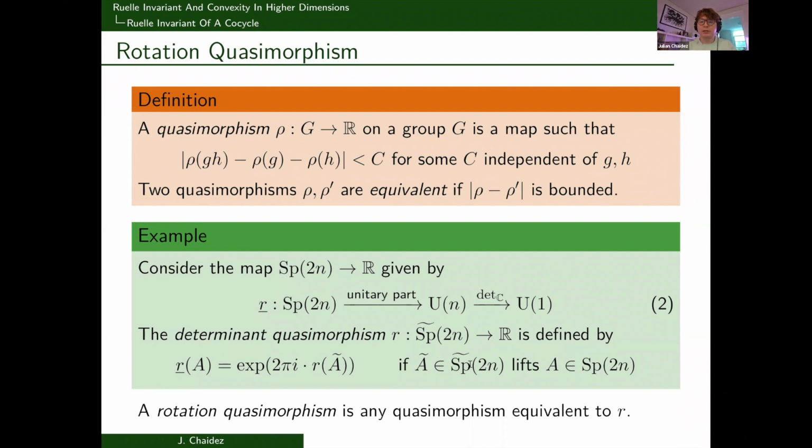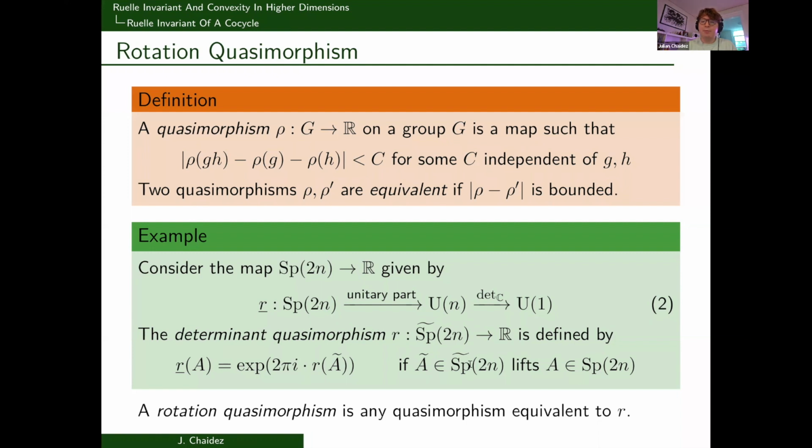So first, I'll give an example. You can construct a map from the symplectic group to U(1), given by first taking the unitary part of a symplectic matrix under the polar decomposition and then taking its complex determinant. Now that map lifts to a map on the universal cover.